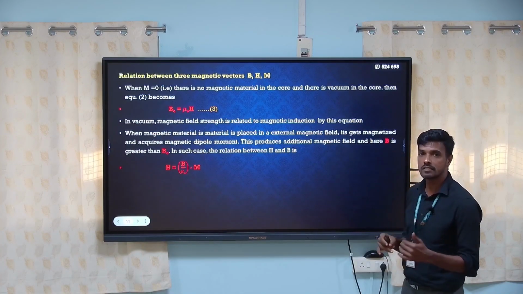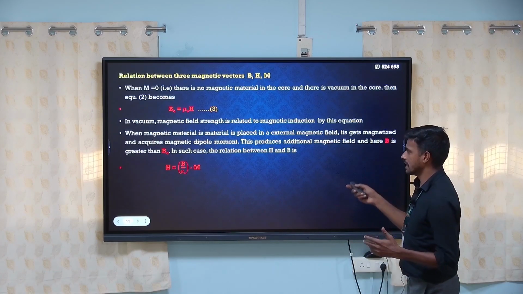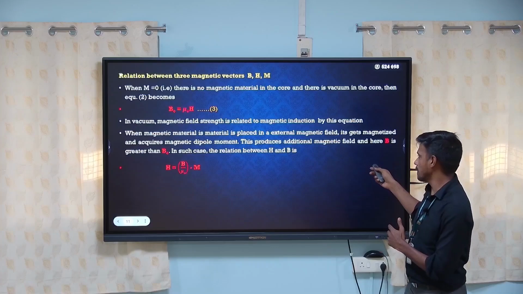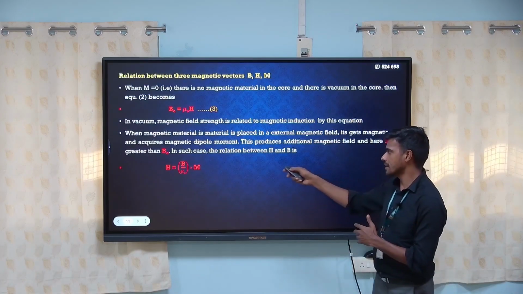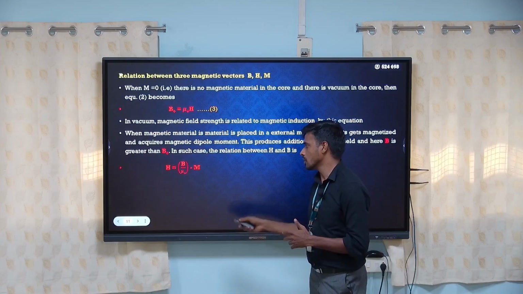When a magnetic material is placed in an external magnetic field, it gets magnetized and acquires a magnetic dipole moment. This produces additional magnetic field, and here B is greater than B naught. In such a case, H is equal to B by mu naught minus M.